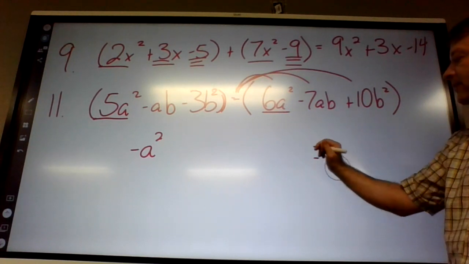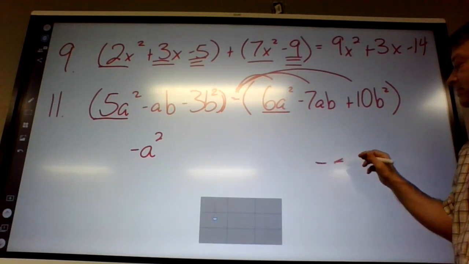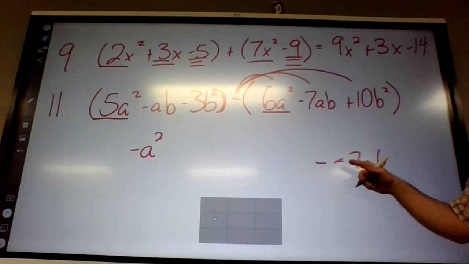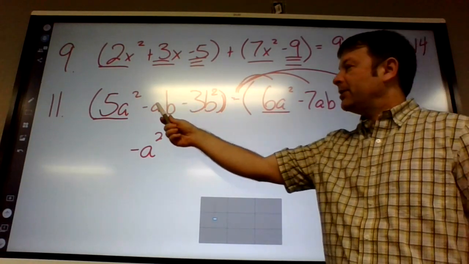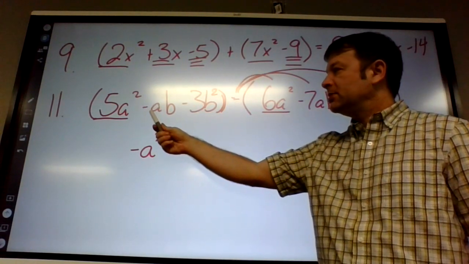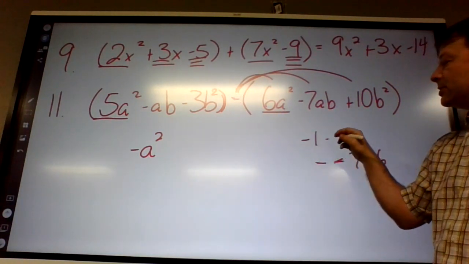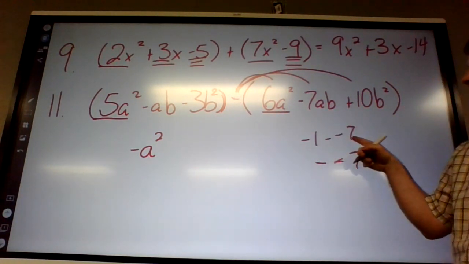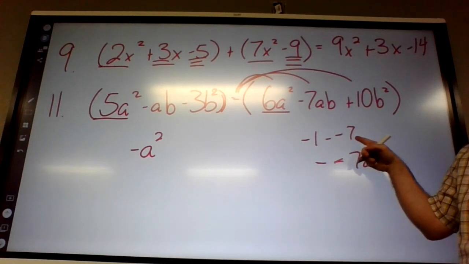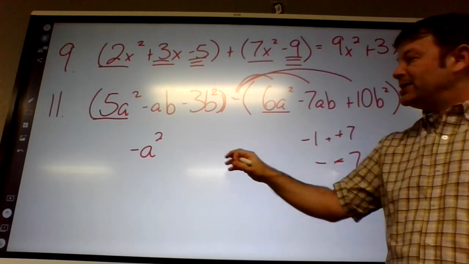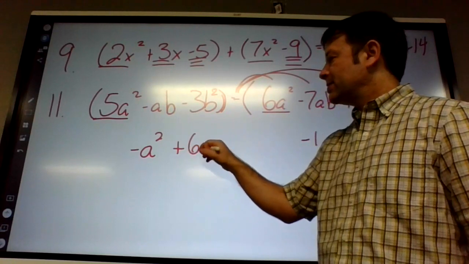Remember when we have that minus, that becomes a plus. So it's like minus 1 minus 7, so that would be minus 8ab.